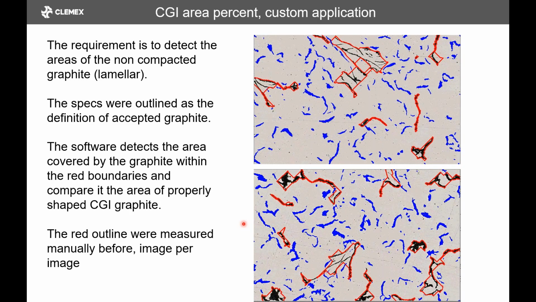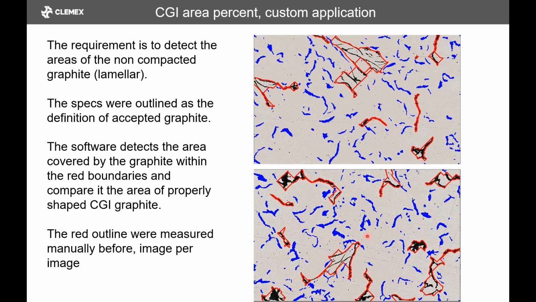Here's a custom application that I did for a customer where the idea was to look at the compact gray iron, but they were interested to find out about the flakes that were remaining. So the idea was to look at how we qualify the CGI flakes, and then we exclude all the ones that are flake-like, that are long or bigger, because normally these would be a certain length, a bit chubby, and then round at the edge.